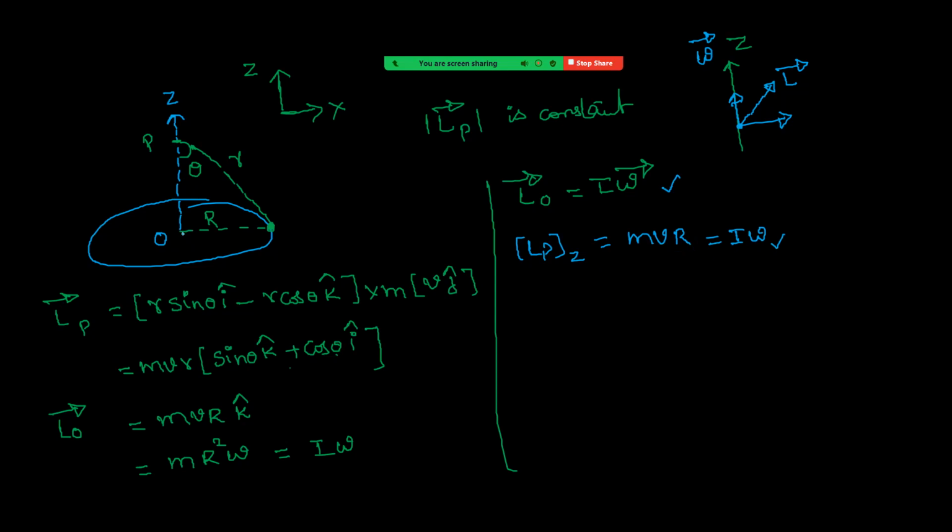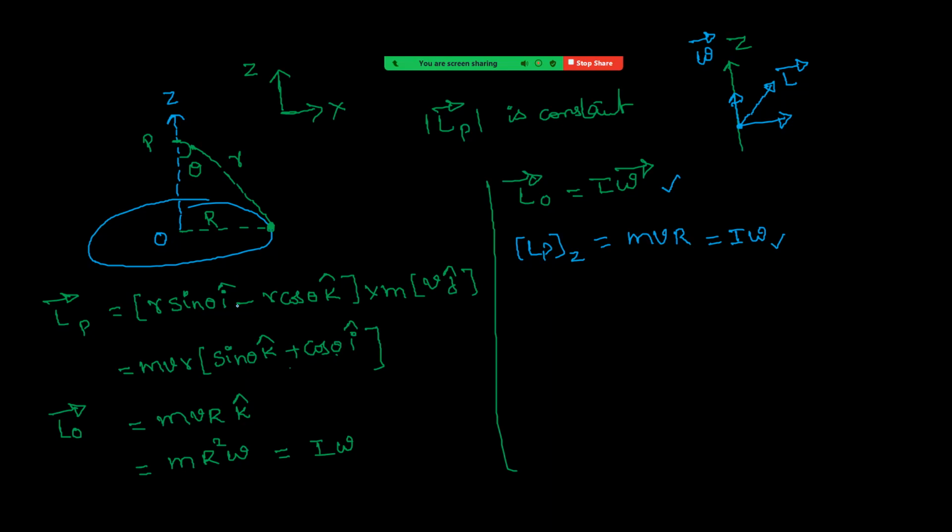That means when you are taking about the center of the circle, the L bar vector does not change, both modulus and direction. If you take any other point, the modulus value does not change, but the direction keeps on changing. Okay.